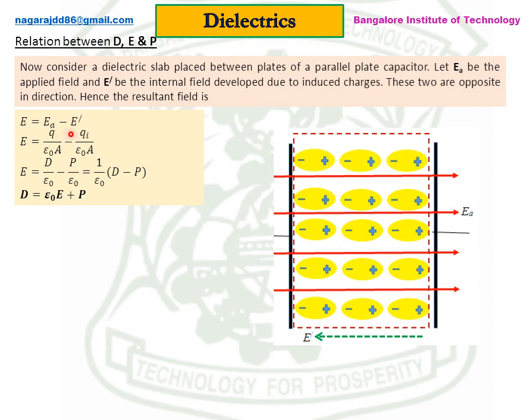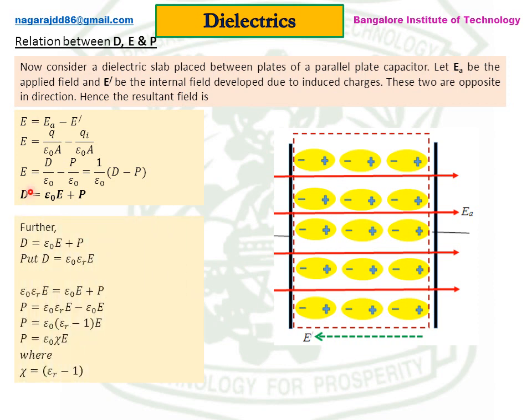In the same line, we can write E dash as Qi divided by epsilon naught into A. But in the previous slide, I defined D as Q divided by A. Therefore, this equation becomes D by epsilon naught and this becomes P by epsilon naught. Next, you take 1 by epsilon naught common factor, we have D minus P. So, E is equal to 1 upon epsilon naught into D minus P. Cross multiply, epsilon naught goes here and shift minus P this side. So, we end up with the equation D equals epsilon naught E plus P.